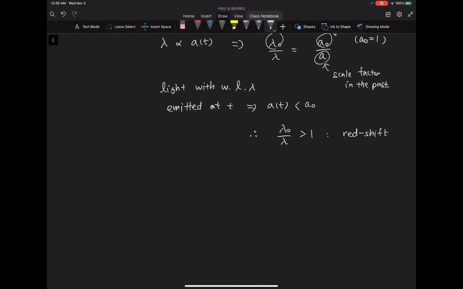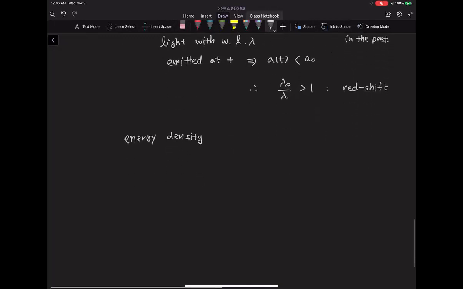And also the energy density. For instance, matter is pressureless, P equal to 0.